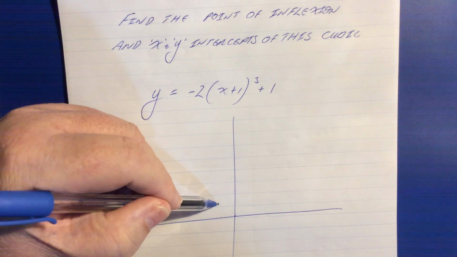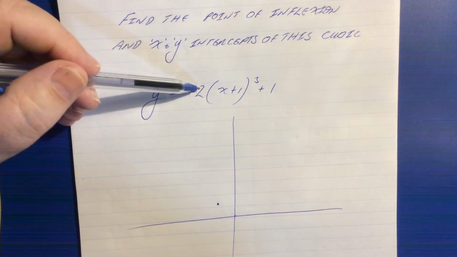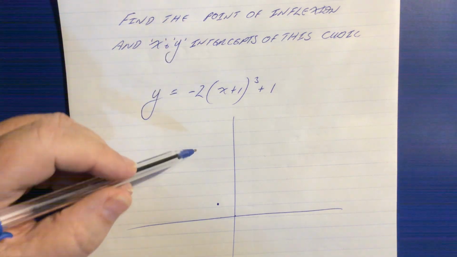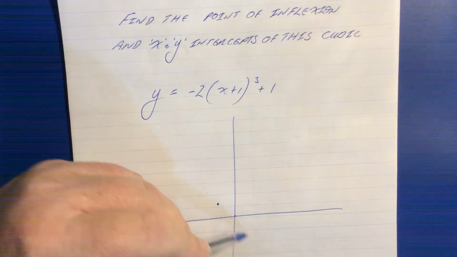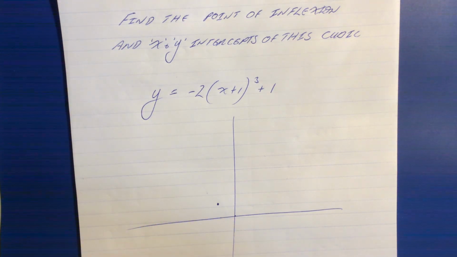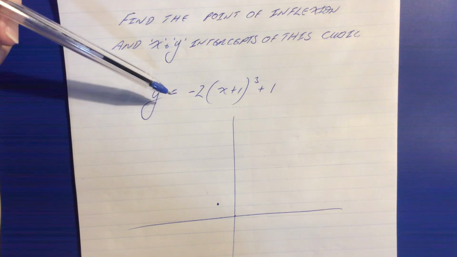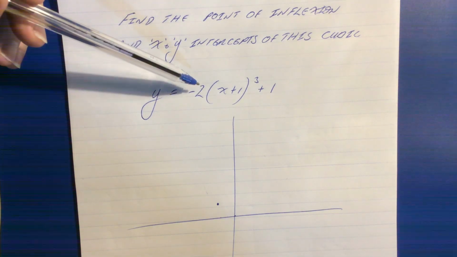So we have found our point of inflection here. Now, we have a dilation factor of 2, and it's negative, and as I said, therefore this thing looks roughly like that. What we need to do now is we need to find the x and y intercepts. So let's go to work.